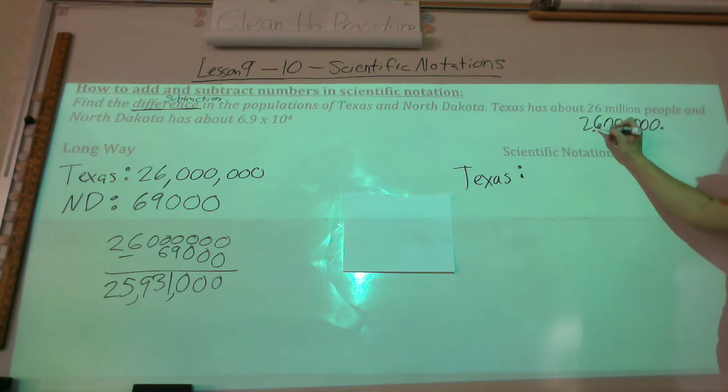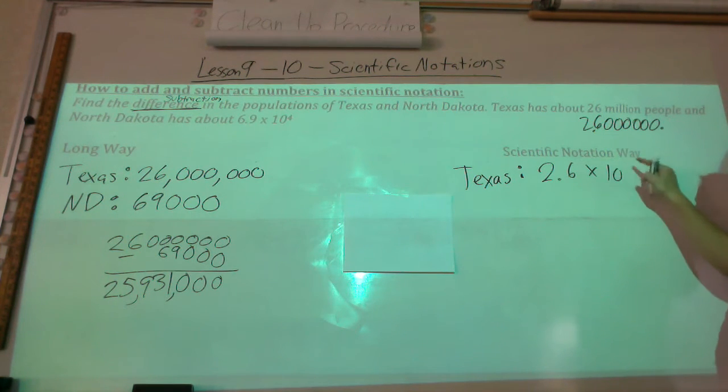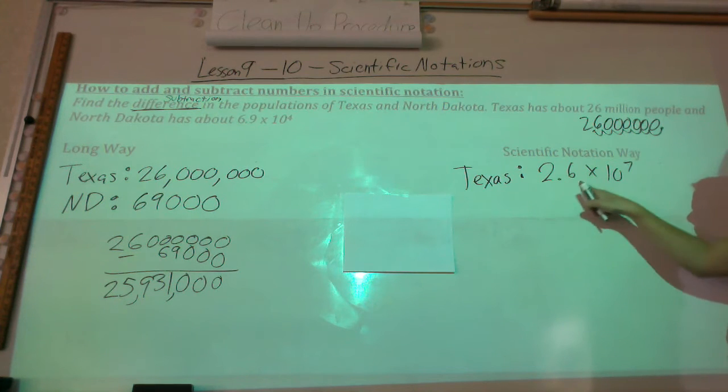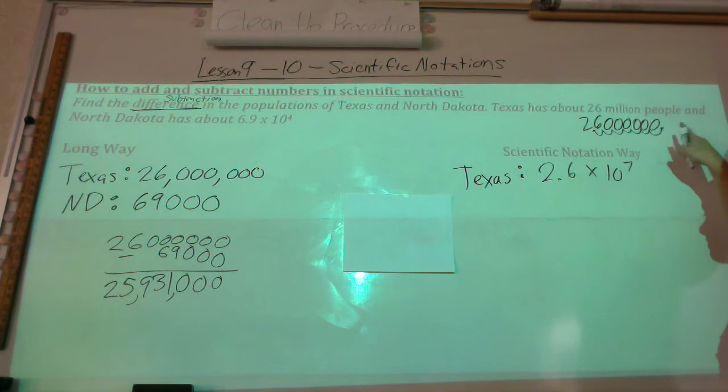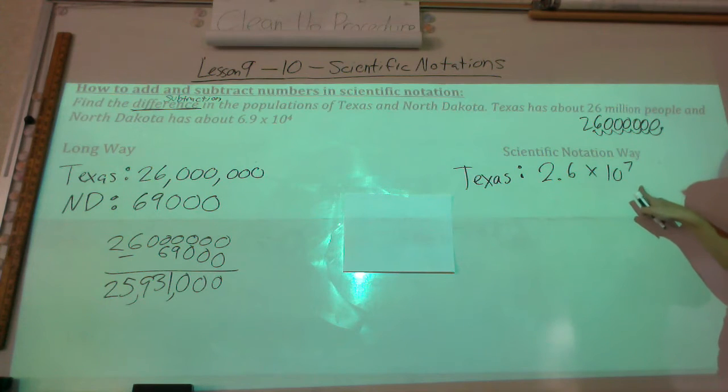I need to move it to here because I need it to be 2.6 times 10 to some power. So let's count up what that power is going to be. 1, 2, 3, 4, 5, 6, 7. Because I need to represent the fact that this number is actually 7 decimal places bigger in reality. So I just changed the population of Texas to be 2.6 times 10 to the 7.